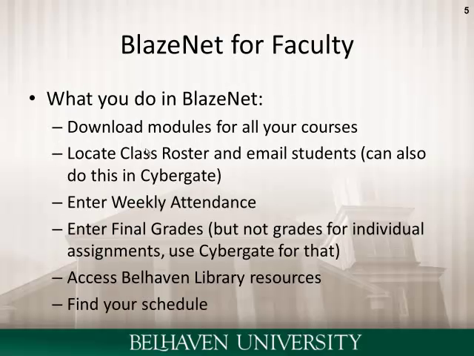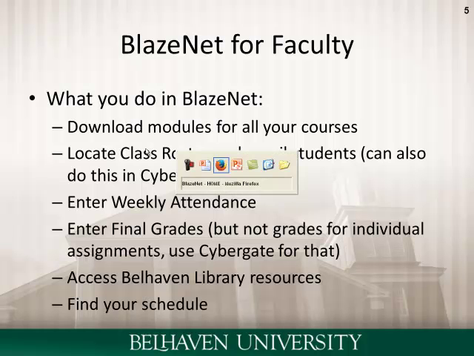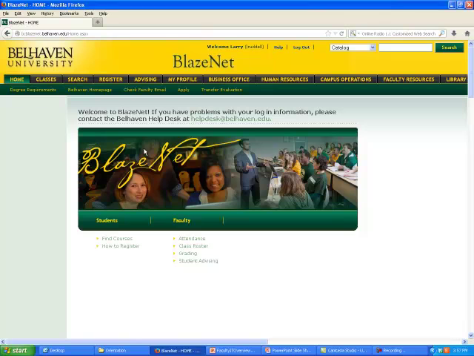So what do we do in BlazeNet? Several things. In BlazeNet, you download modules for all your courses. So in other words, you get signed up to teach a course, so you need the module for that course. Basically, here's how you get it. But before I go there, notice that at the bottom of the screen, once you log into BlazeNet, you have menu options for attendance, class roster, and grading, and those are the three that we will focus on as faculty.